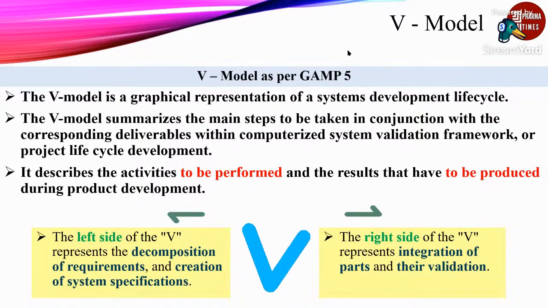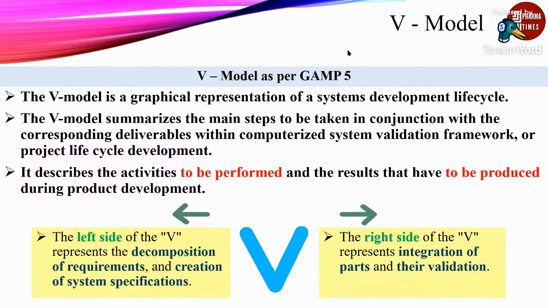So the V model is used during validation. It means the left side is from our change control, URS, and validation plan. Then the design phase is developed by vendors, meaning the software or system is developed by the supplier.